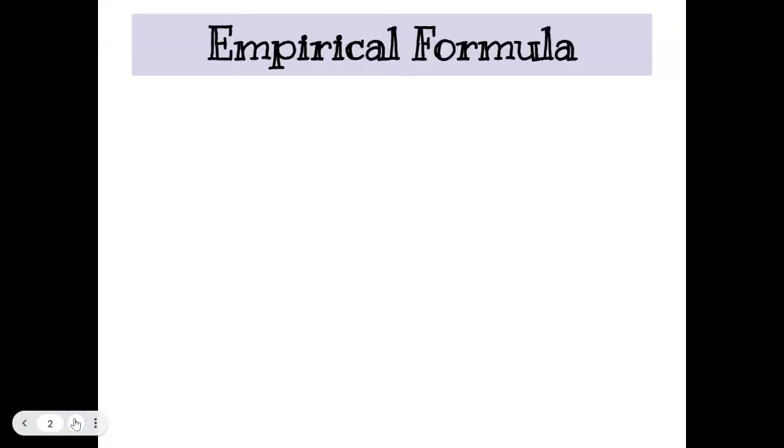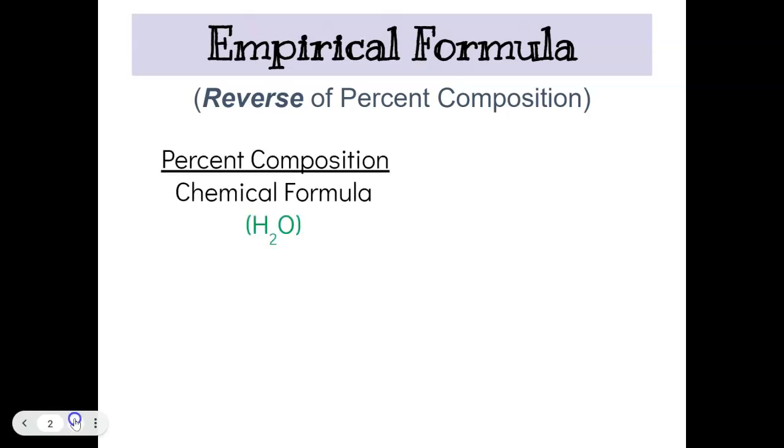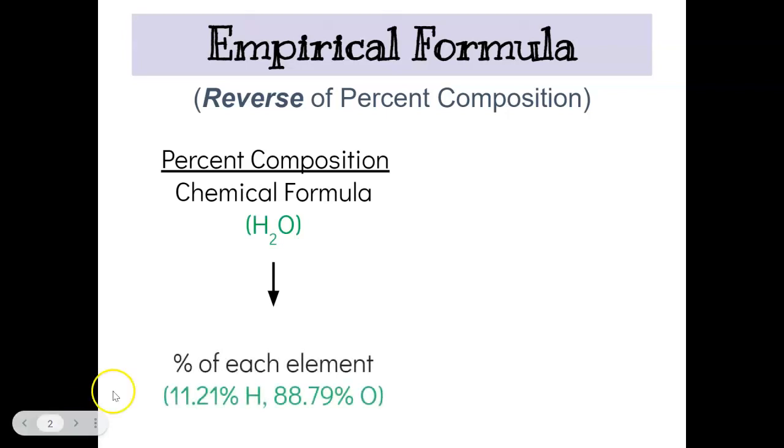So today we are learning how to write empirical formulas. This is basically the reverse of percent composition. We're going to take what we know about percent composition and determine the formula of a compound, so basically how many atoms of each element are in the compound. Here's an example. We have H2O, and we learned how to do this in yesterday's lesson.